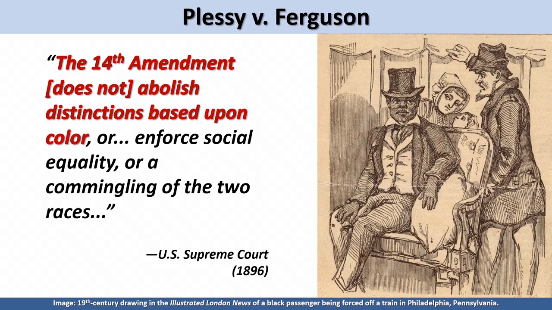Louisiana and other pro-segregation states were allowed to continue making legal distinctions based upon color as long as they kept up a flimsy pretense, or guise, as the dissenting Supreme Court justice had put it, of giving equal accommodation for whites and blacks. The highest court in the land had made its decision. The issue of segregation continued to stir up intense controversy at national, state, and local levels of government, but by law, in the early 1900s, the practice was permitted throughout the United States due to the Plessy versus Ferguson ruling.